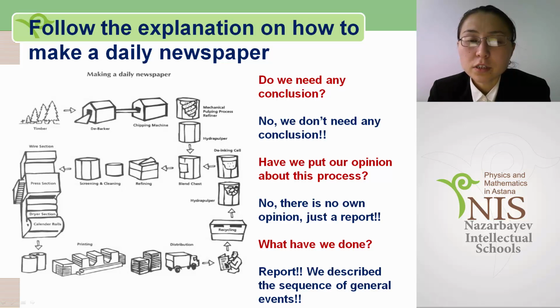No, there is no opinion, just a report, just a description. And what have we done? We have done today a report because we have described a sequence of general events. Why they are called general? Because there is no exact date on when the newspaper was done. Good.